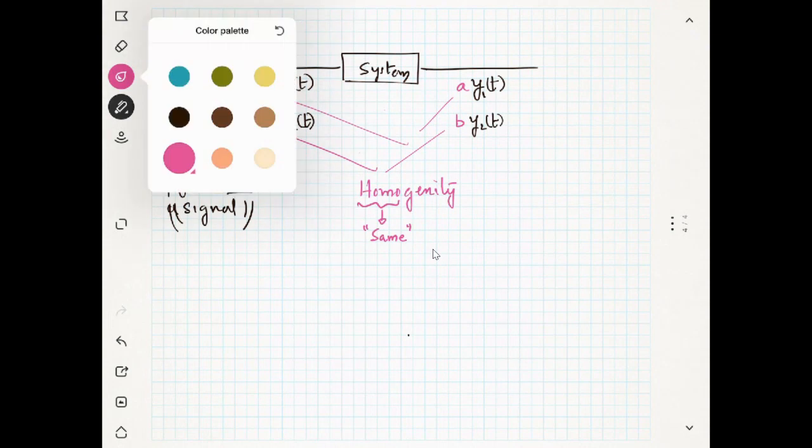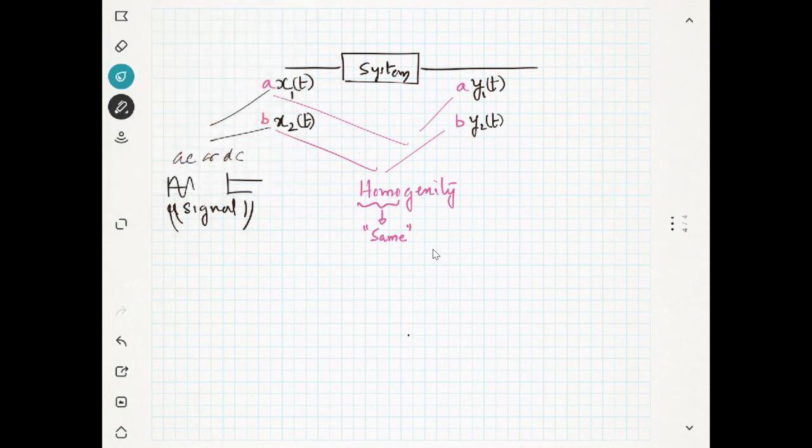Now you combine these inputs. That means a into x1 of t plus b into x2 of t. Then you will get the output a into y1 of t plus b into y2 of t. This is the linearity property.